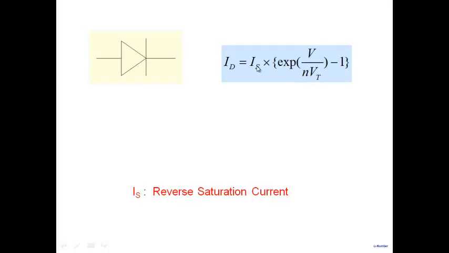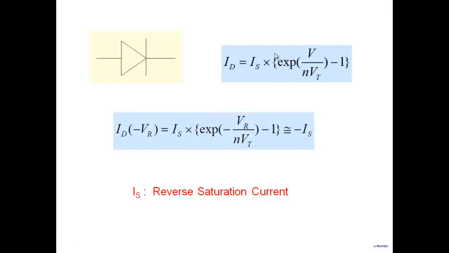And the common term for this is the reverse saturation current, right? Which makes sense if I look at this expression here: if I apply a negative voltage, say a reverse bias minus VR, and substitute minus VR here, and if VR is large, then this term becomes 0, and we get ID at minus VR equal to minus IS.